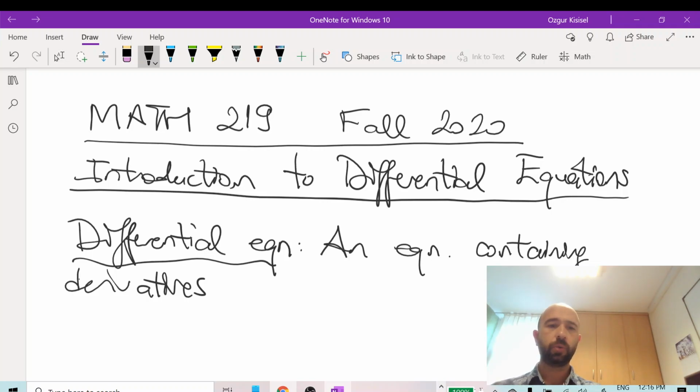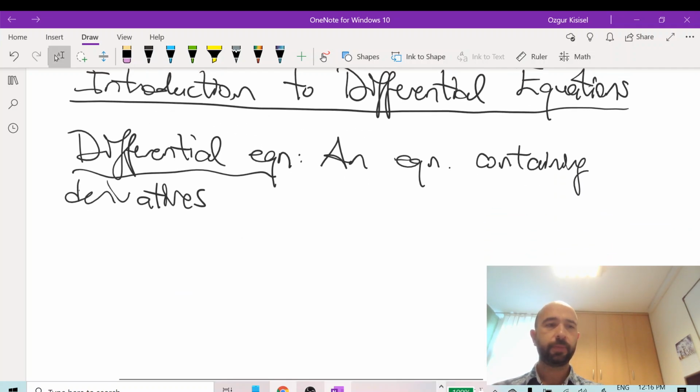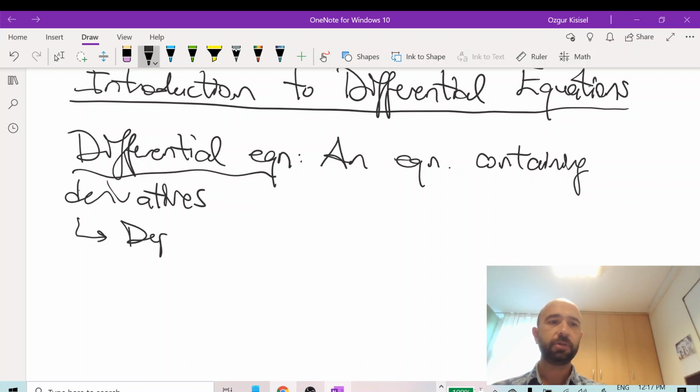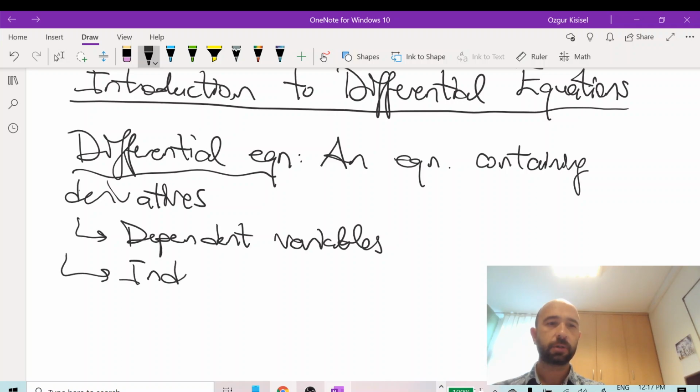Typically you have some variables in the equation, and these are either dependent variables or independent variables.